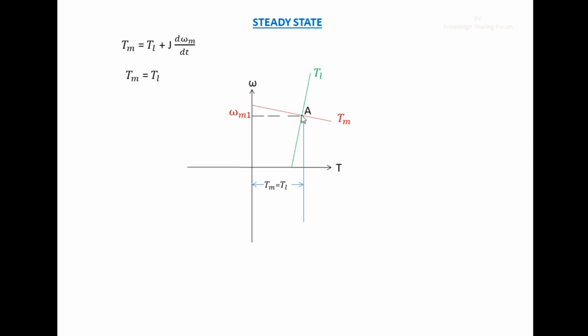The operating point is here, called A. The operating point A is chosen in such a way that the motor torque is equal to the load torque. From here to here is our motor torque. In the same way, from here to here is the load torque. So both motor torque and load torque are the same at this operating point A. This is called steady state operation.